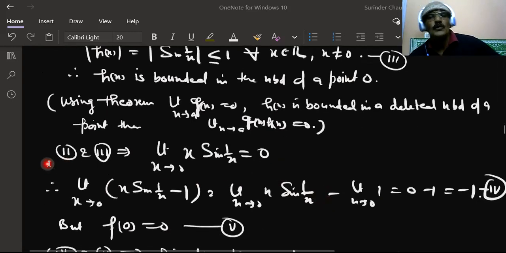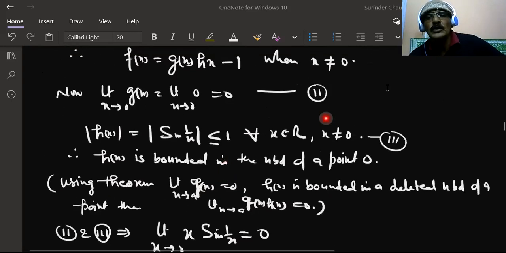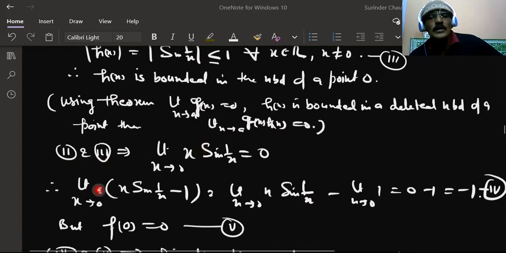So using this, limit x tends to 0 of x sin(1/x) is equal to 0.